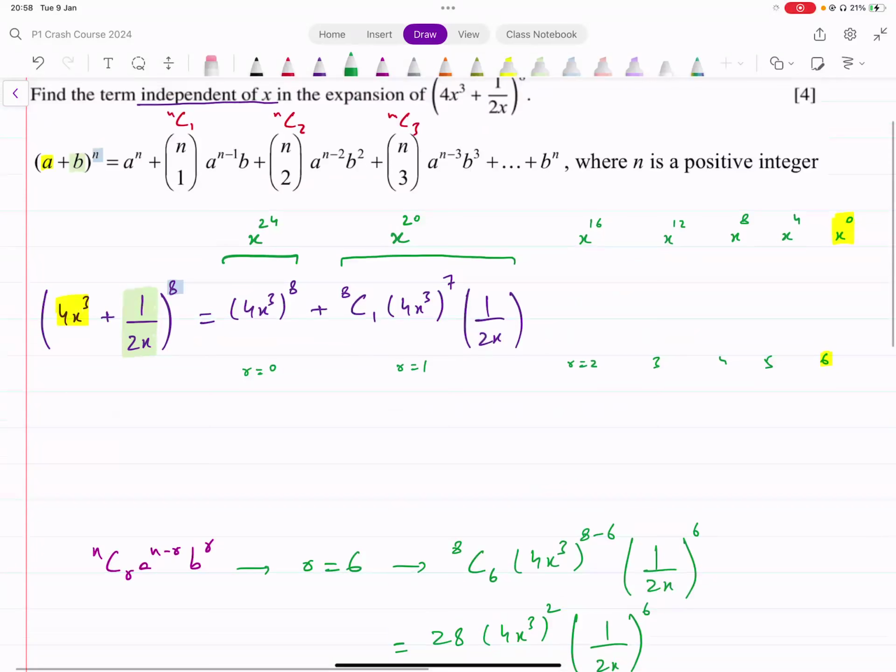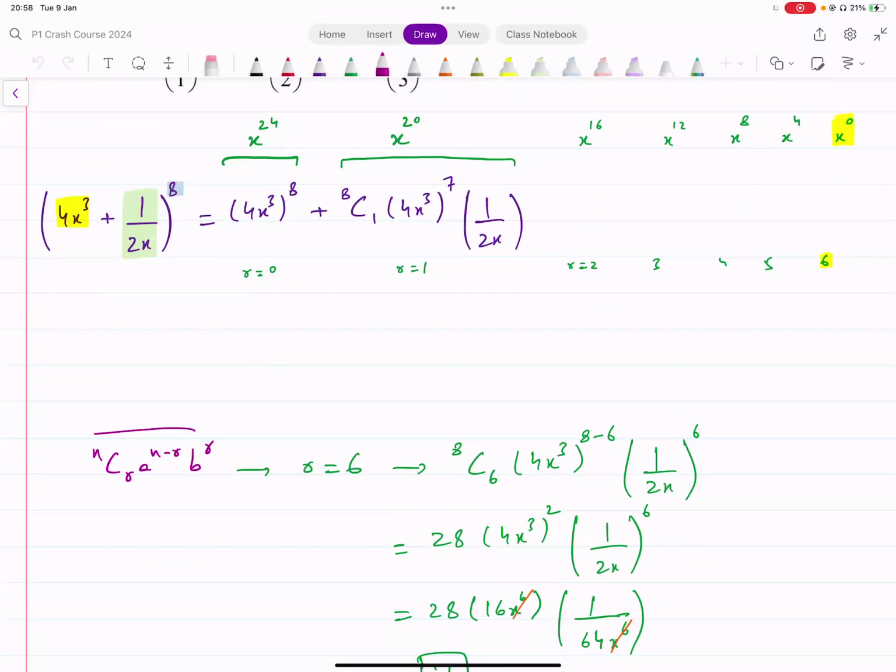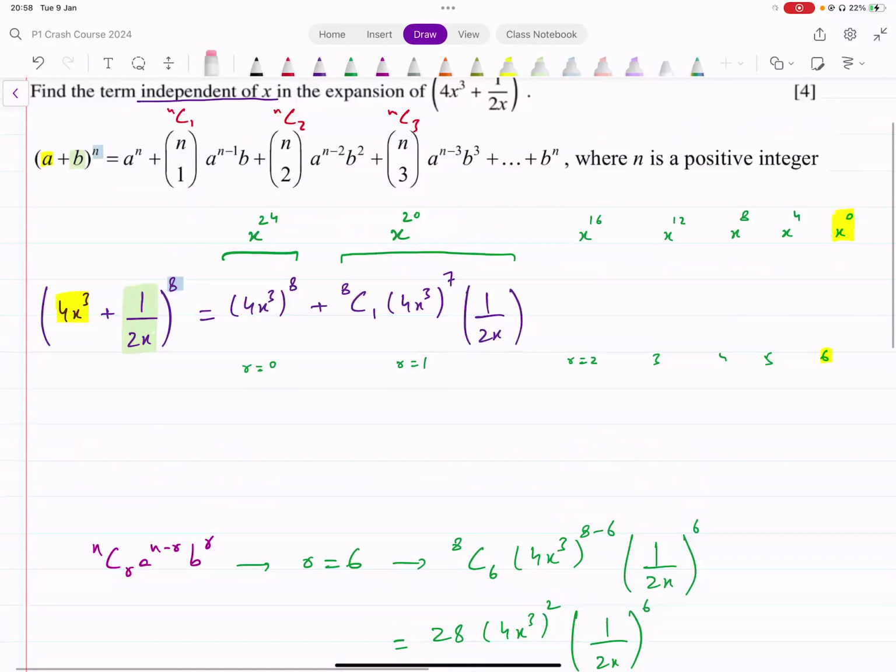So after you have figured out this pattern, one possibility is that you remember this form, nCr into a raised to power n minus r into b raised to power r. Just figure out what the value of r is going to be and then input that here. Or you can also do this, if you don't remember this formula.